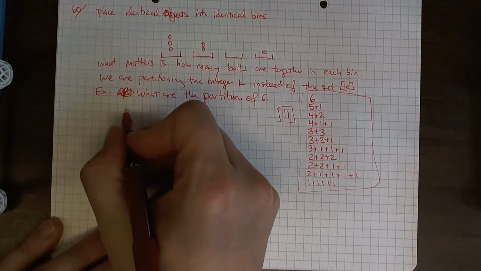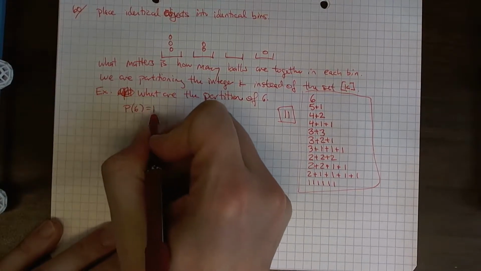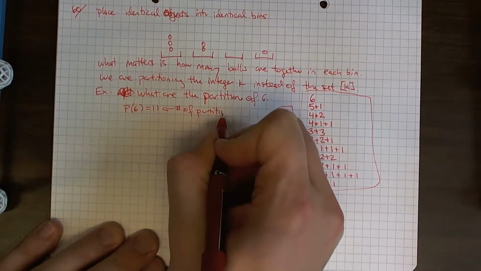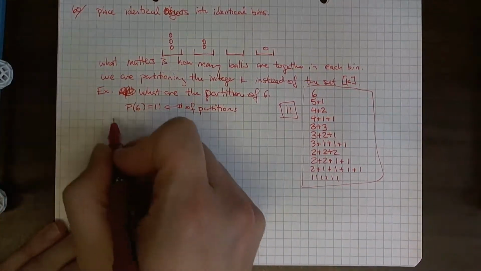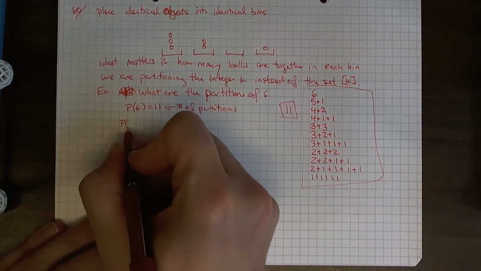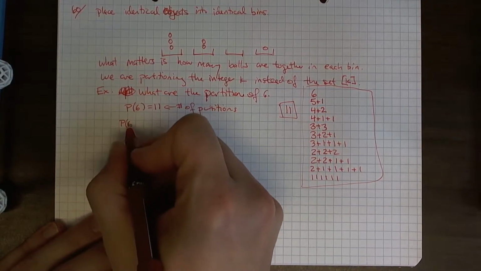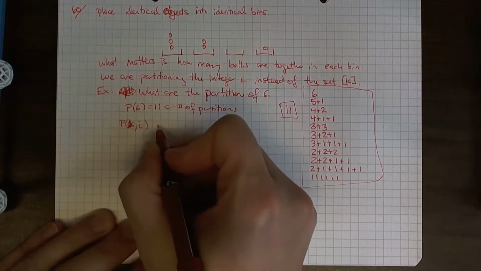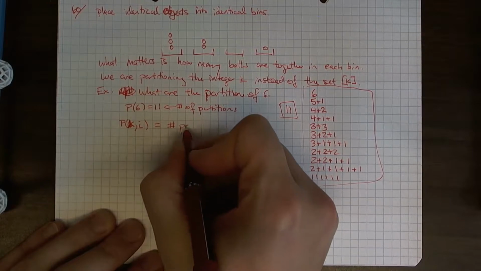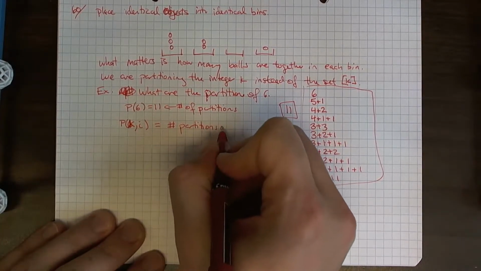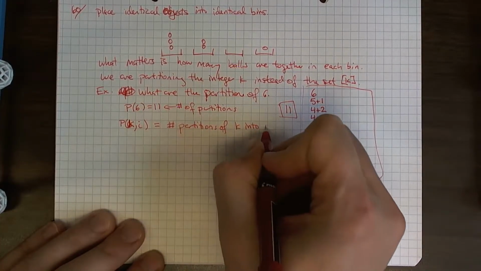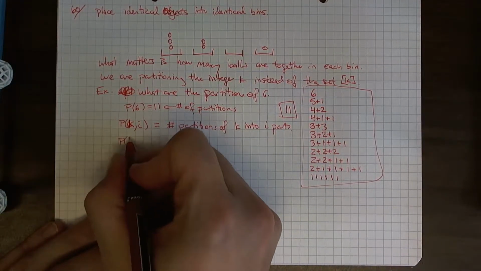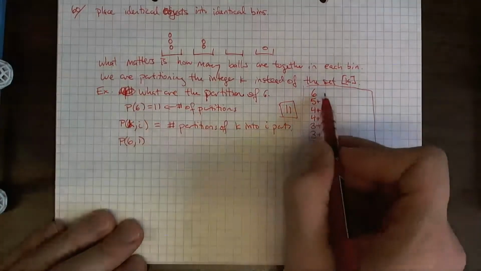So we would define p of 6 to be equal to 11, the number of partitions. And then we're also going to refine this by saying p of k comma i is equal to the number of partitions of k into i parts. So p sub 6, 1, how many ways to do this into one part?